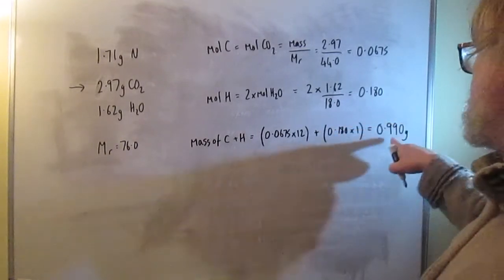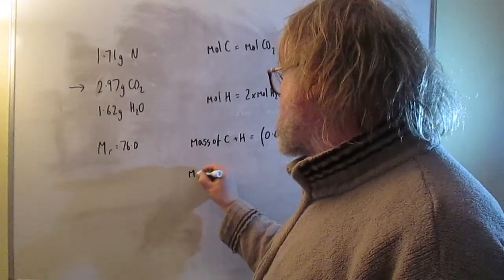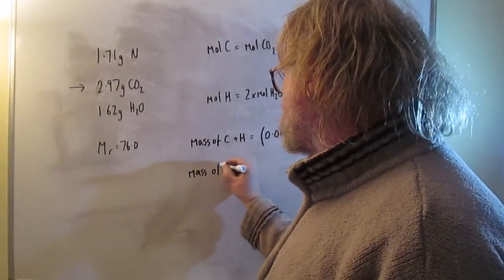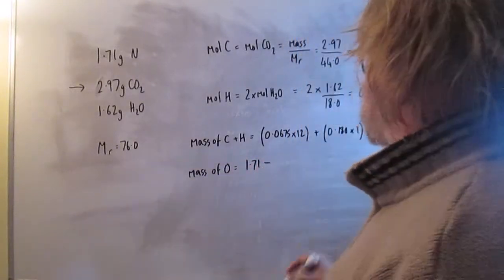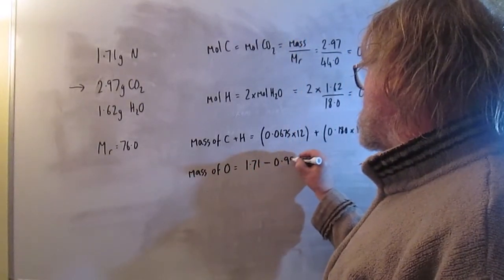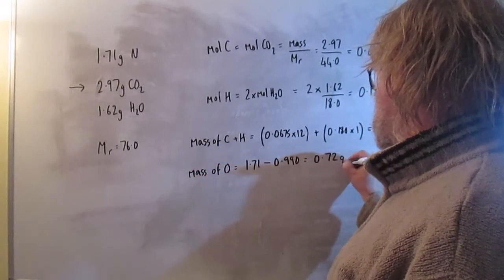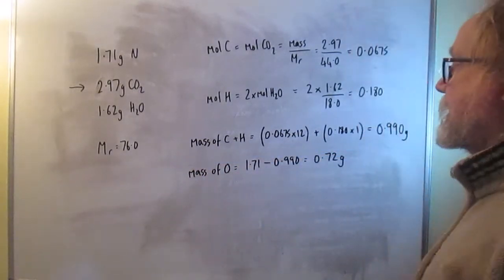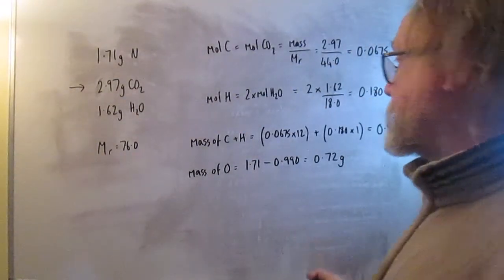Okay, so the difference between that number and the total mass is the mass of oxygen. So we can say that the mass of oxygen is equal to 1.71 minus 0.990, which is 0.72 grams. And we can turn that back into moles, and then we'll have the moles of each of the elements, which is what we need.